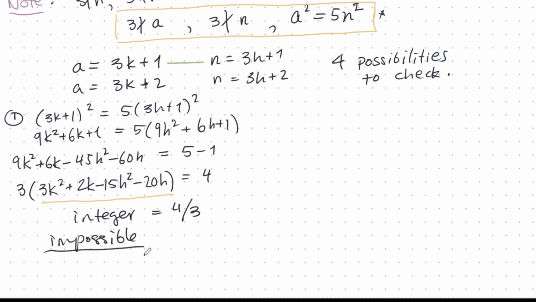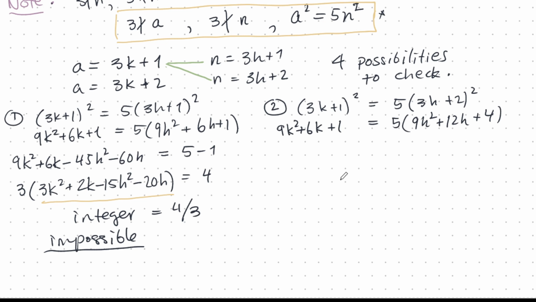Now we have to examine the other cases though. So the first case results in a contradiction. So let's try the second case. The second case will take this and this. All right, and I'll plug this in and now expand everything. I get that. And now I'll rearrange all of the k's and h's on the left and the numbers on the right. I get this.